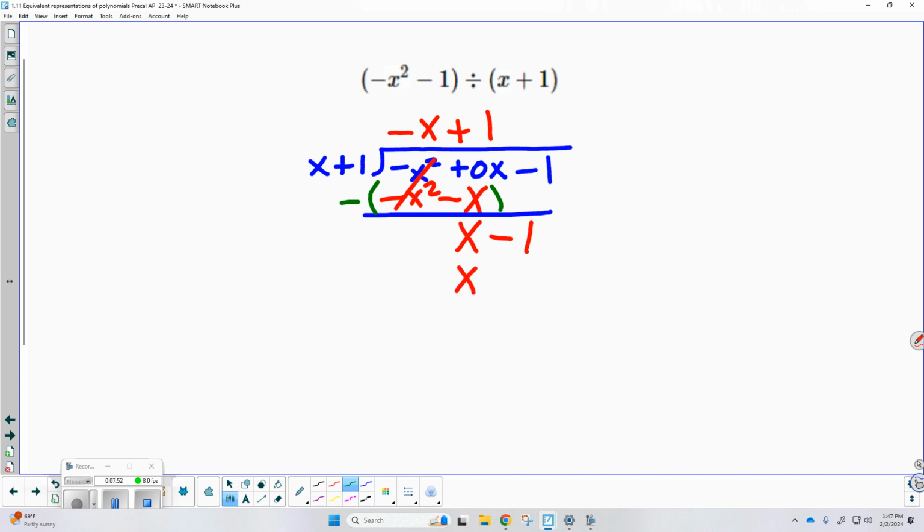So that would be x plus 1. Okay. And now we're going to subtract again. So x minus x cancels. Negative 1 minus 1. Negative 2. There you go. And that's it. That's all you do.